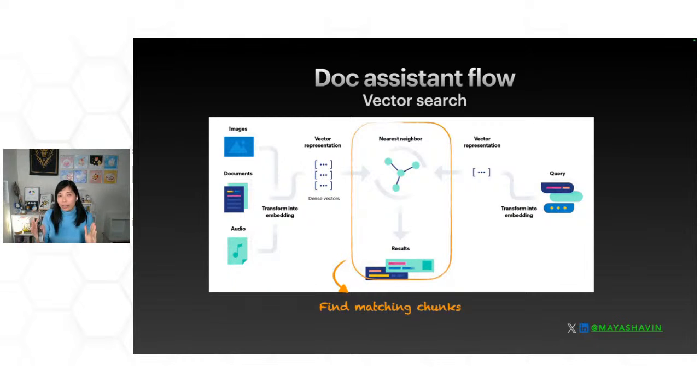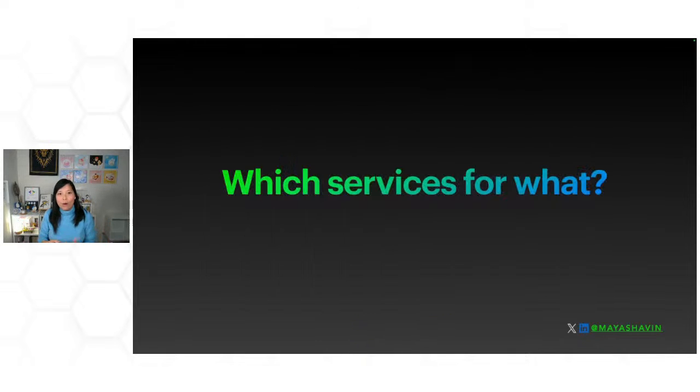This is just an example of the vector search flow. In reality, you can choose different algorithms, not just nearest neighbor, but this is not the scope of our talk today. So now we know how the vector search flow works, how we do the ingestion, and how we do the query.